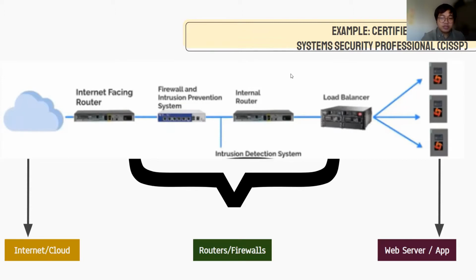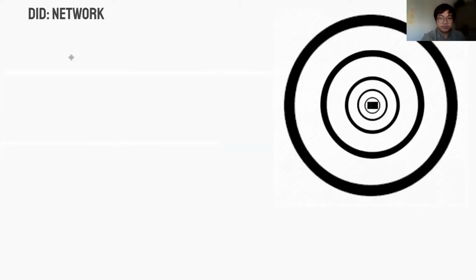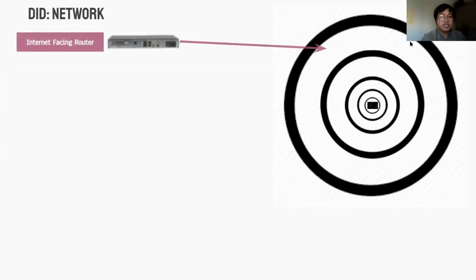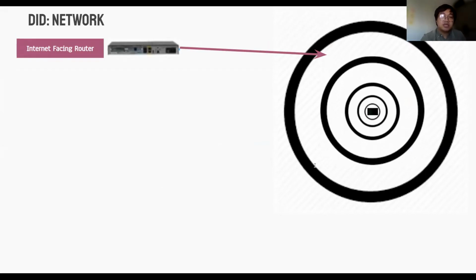Okay, let's take a look at this in this illustration. So you can see here that in the initial layer, we have the internet facing router. So the internet facing router is the closest layer to any internet or malicious attack coming from the user.